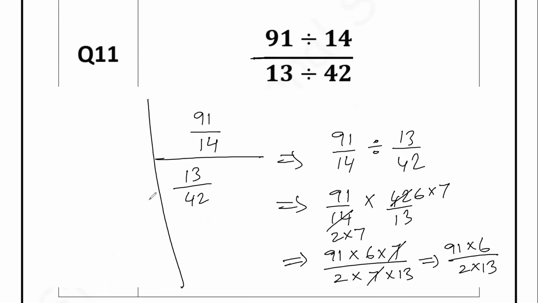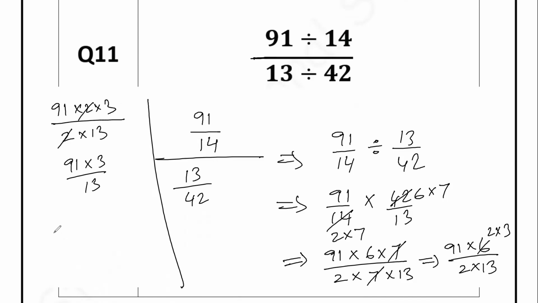So we work it out now. This one I can write down as 2 times 3. So I've got 91 times 2 times 3 over 2 times 13. So the 2s go. So I've got 91 times 3 over 13.